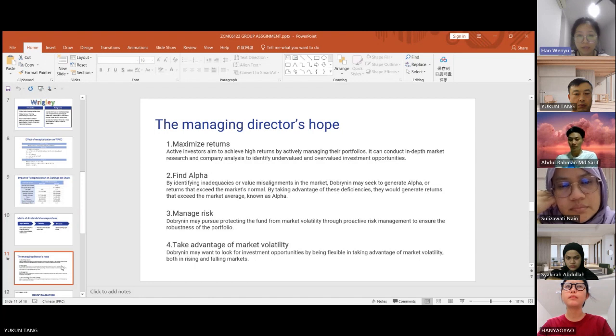Stock buybacks may increase earnings per share because the same amount of earnings is allocated to fewer shares. It can be quite attractive to investors who are concerned about per share performance metrics. Okay, next slide, please.